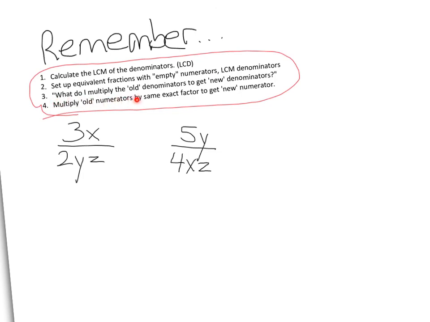And then ask yourself, what do I multiply the old denominators by to get the new denominators? And then, once you know that factor, multiply the old numerators by the same exact factor to get the new numerator, and you are done, okay? All I want in your answer, of course, are your two new fractions that are equivalent to 3x over 2yz and 5y over 4xz. However, they both must have the exact same denominator. And that denominator, as I said, is the LCM of the denominators.